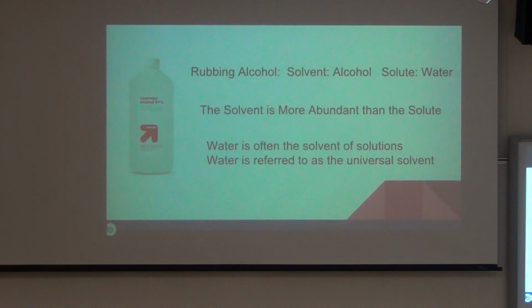But water is pretty commonly our solvent. We use that for a lot of our solutions that we use in chemistry because water is a really awesome solvent. In fact, we call it the universal solvent because it does dissolve a lot of things, but it doesn't dissolve everything. Because if it did, what would you keep it in?